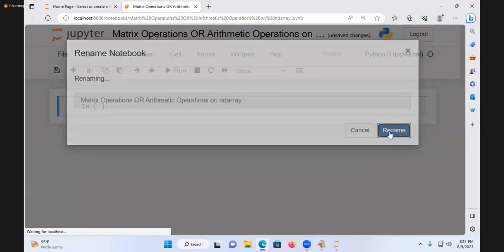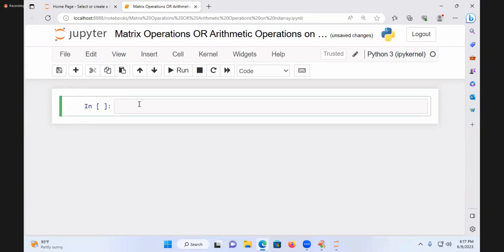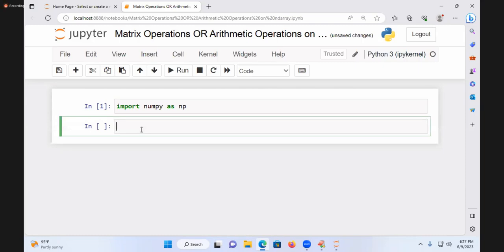See students, matmul operations, matrix operations, I'm going to do. So there I'm going to take import numpy as what? np. So, import numpy as np.